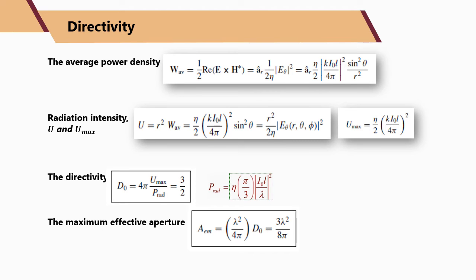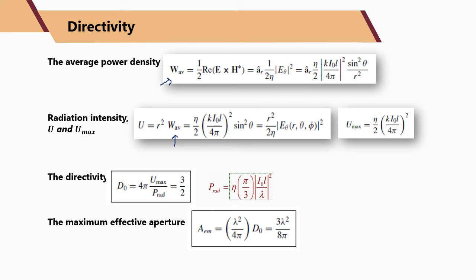Okay, next, the directivity of the infinitesimal dipole depends on the radiation density, W av. It is basically the real part of the product of the E and H fields, and the radiation intensity U depends on the radiation density multiplied by the distance squared.